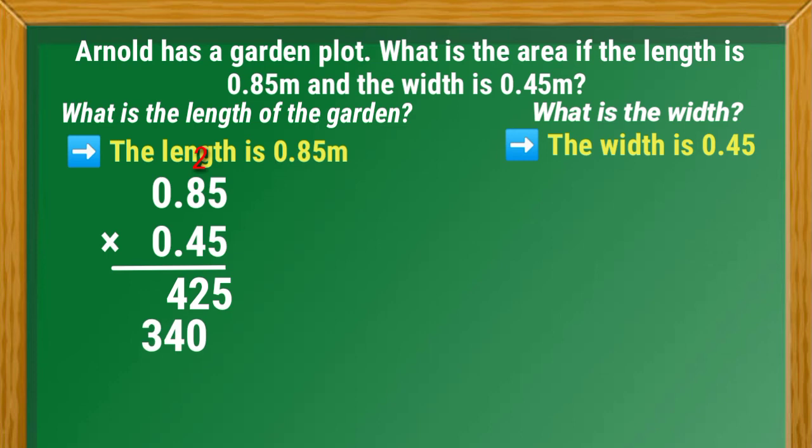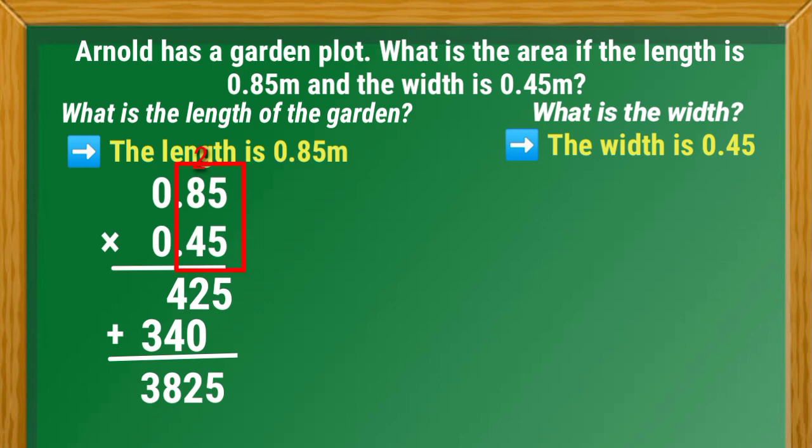Plus 2 is 34. Then we are going to add the partial products. Bring down 5. 2 plus 0 is 2. 4 plus 4 is 8. Bring down 3. So the answer is 3,825. But this is not yet our final answer because we have decimal places in our factors.